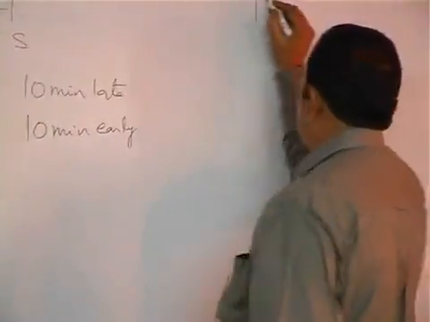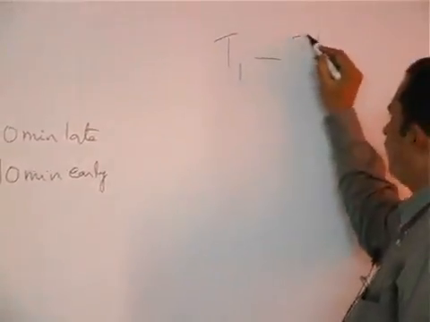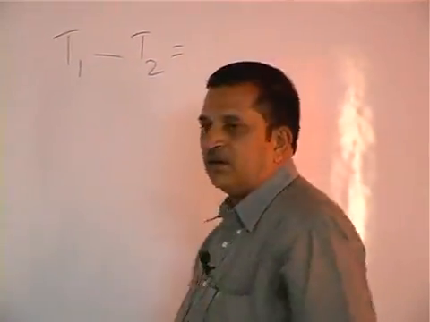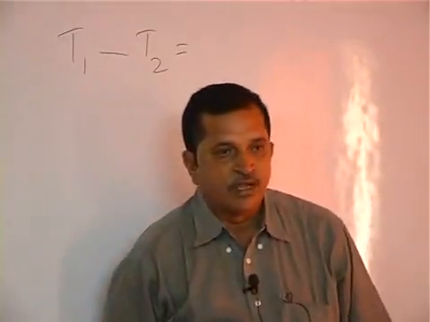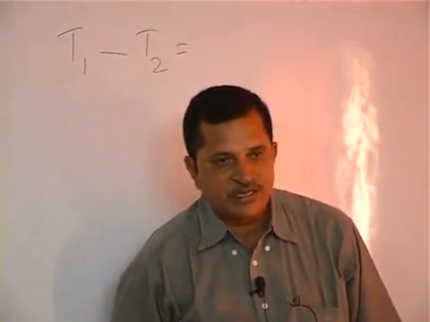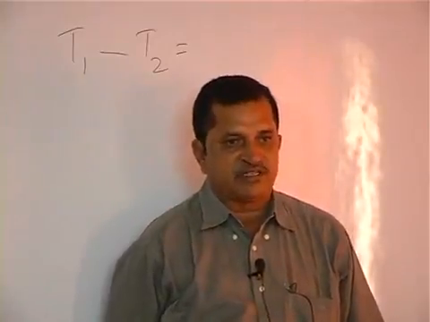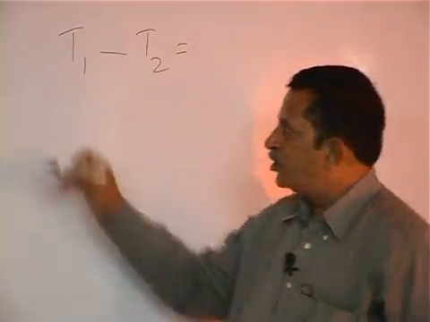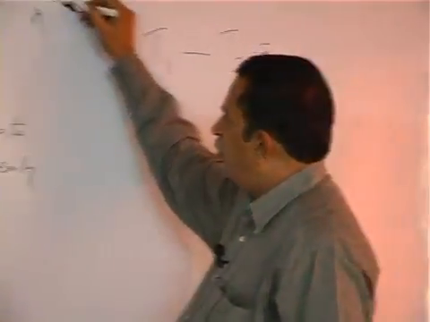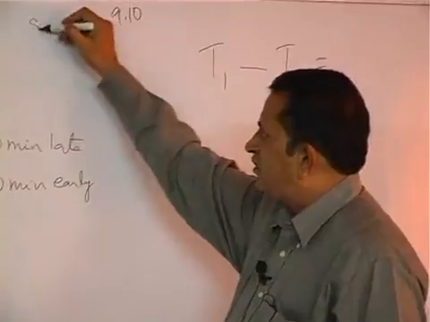T1 minus T2. First point you can write down T1 minus T2. What is T1 minus T2? First day timing and second day timing. What is the difference? 20 minutes. School is at 9 o'clock means going late by 10 minutes means 9:10.